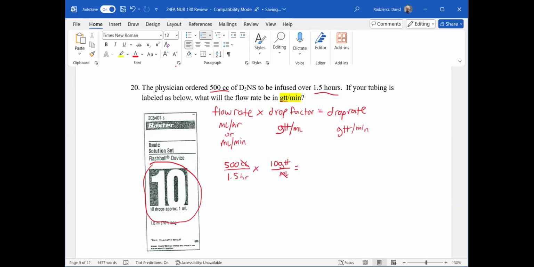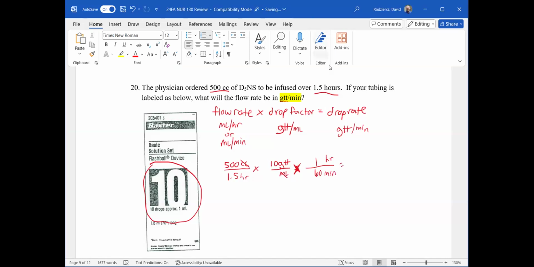Now, I inadvertently put an equal sign here. If I left this as it was, I would be in drops per hour, and you don't want drops per hour. So you need to convert hours to minutes. And then once you do that, you can get the answer that you're looking for.